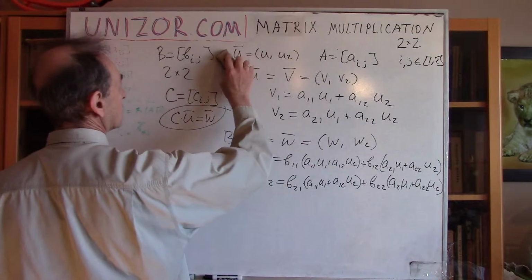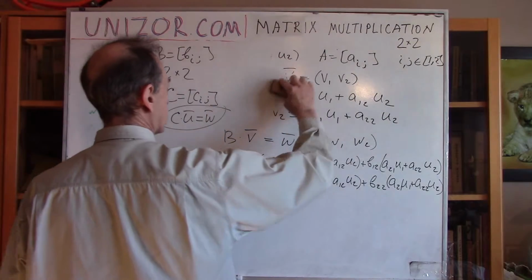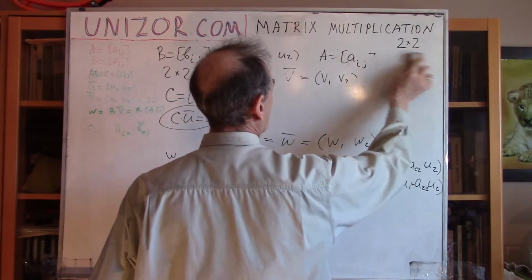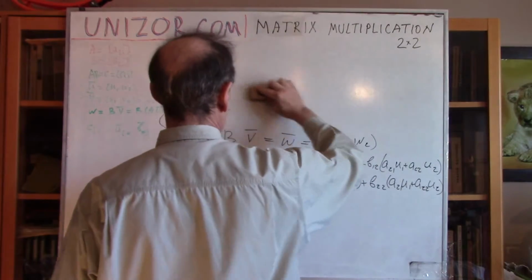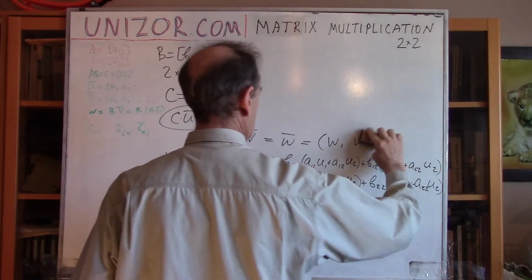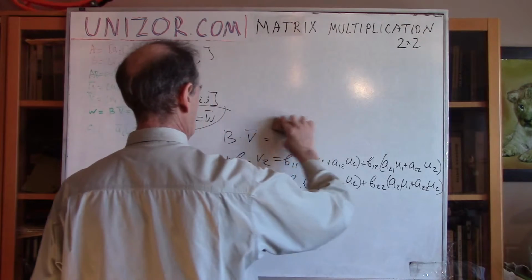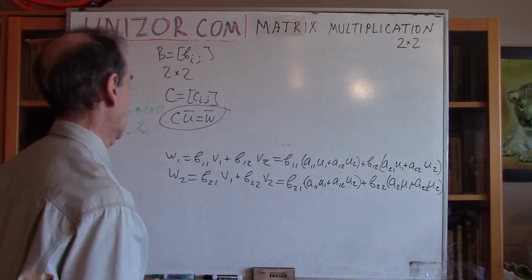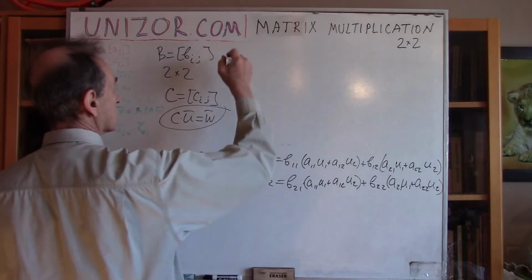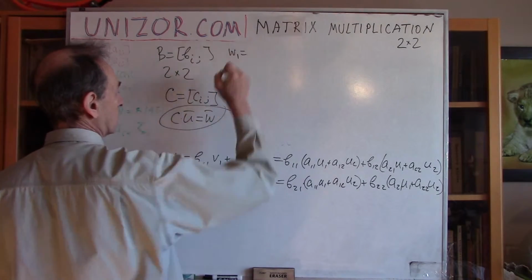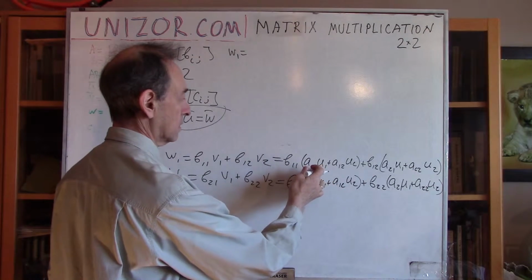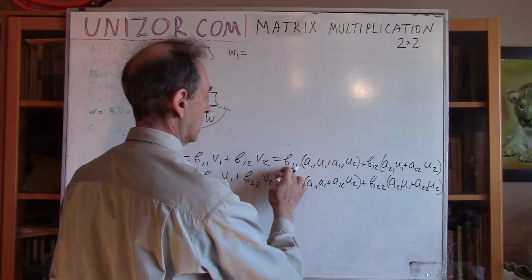So let me just wipe out this thing. So what I will get is W1 is equal to something multiplied by U1. Now, what is multiplied by U1?